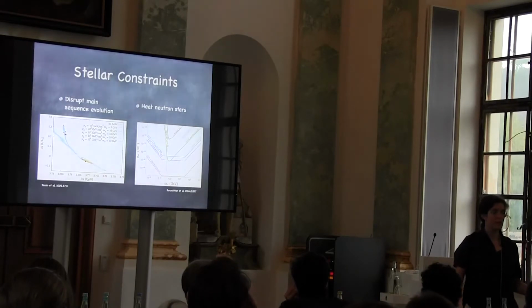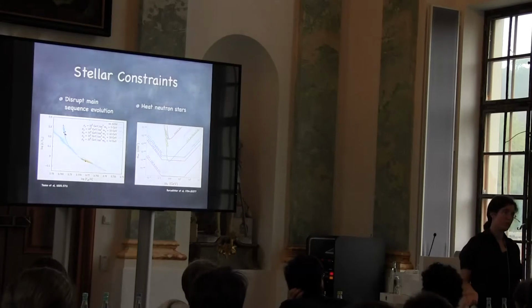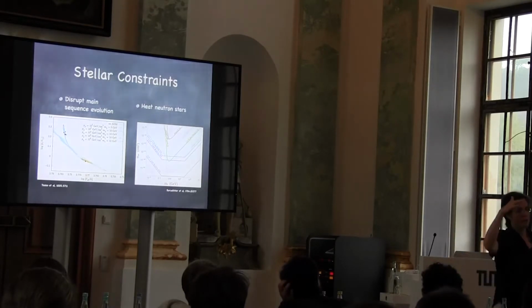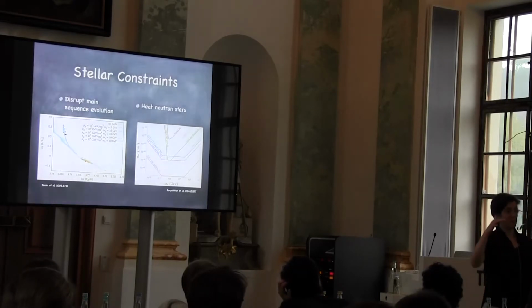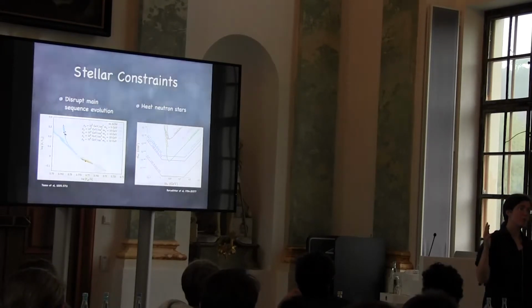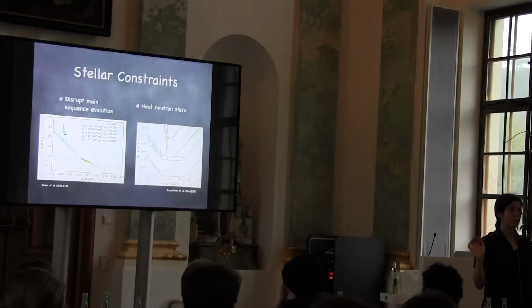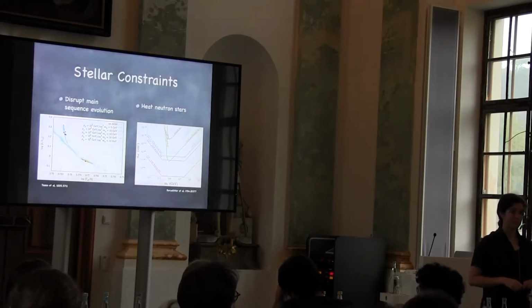So if it annihilates and produces neutrinos, then I should look at the constraints on neutrino production in the sun. There's kind of a checklist you should go through, depending on the particular candidate that you're interested in, to look at the various types of constraints. What I wanted to do was to give you here a sampling of the kinds of things that you should go through in your checklist.